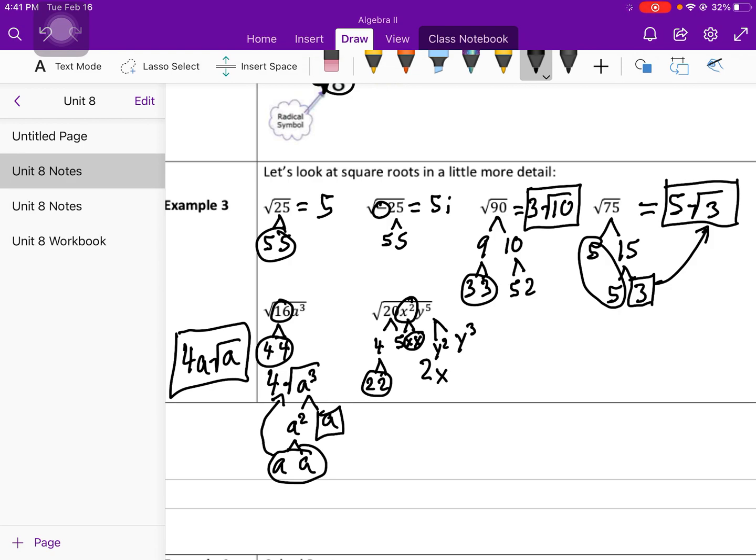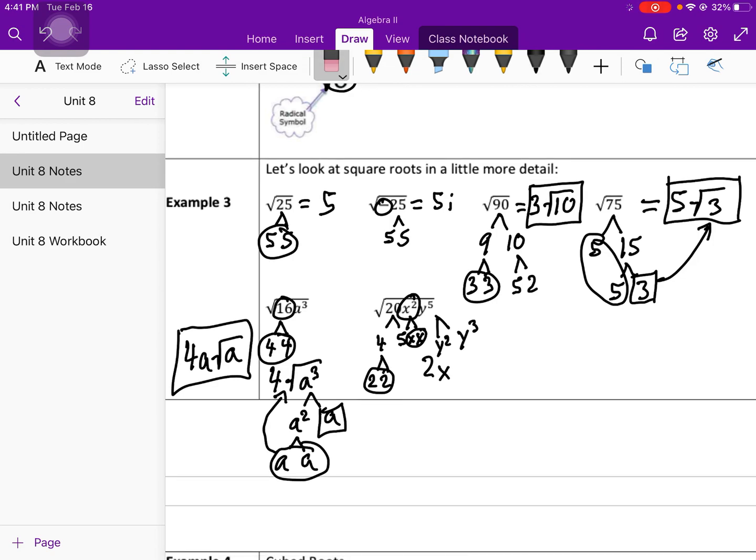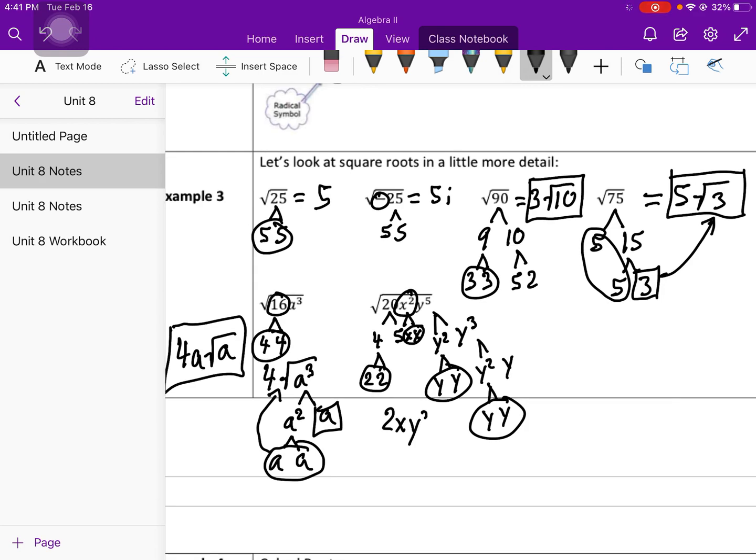Let me rewrite this because my answer is not going to have enough room. 2x, y squared breaks into y times y, y cubed breaks into y squared y, and then another y squared breaks down into y and y. So since we have 2 groups of y's that we can circle, that comes out as y squared, and then the only thing that we actually have left inside is this single y.